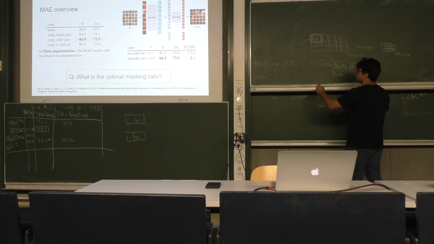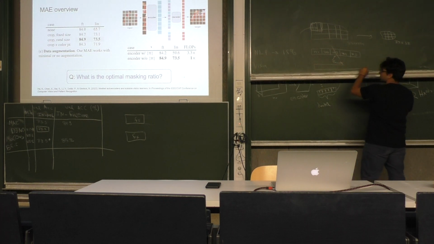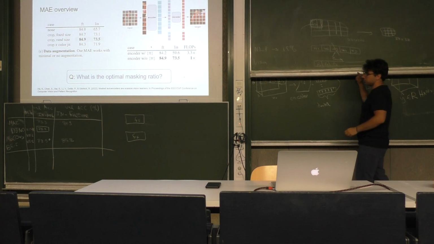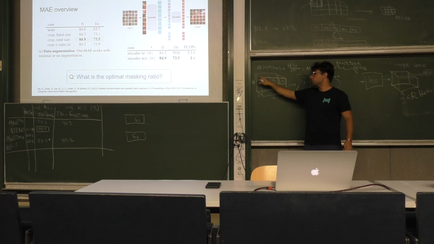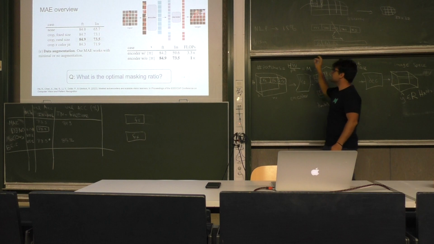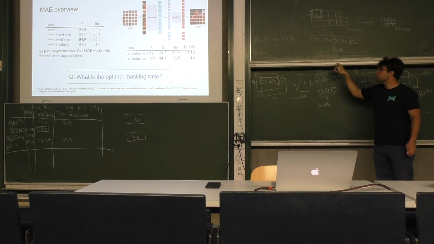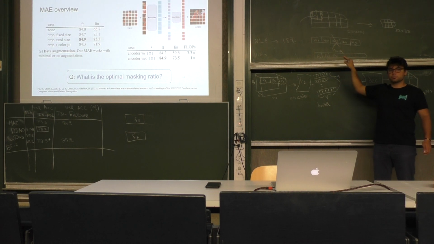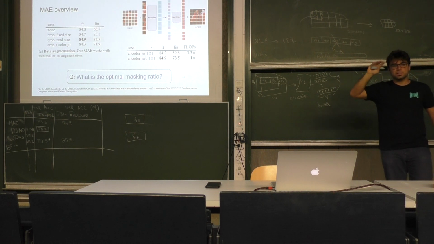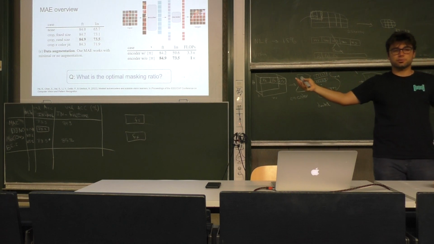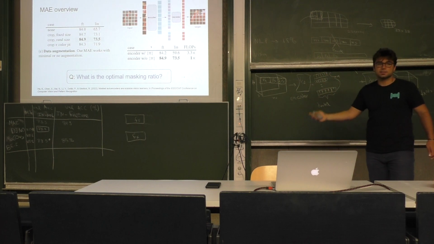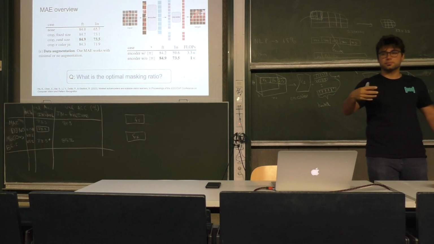So in vision, this would be the projection of patch 1, the projection of patch 2, the projection of patch 3. I don't know if you remember with vision transformers that you have this input and you take these non-overlapping patches. So the intuition here is that we can mask a larger amount of information, because even with, let's say, 50% of the information of the image, we can still understand the object. All right.